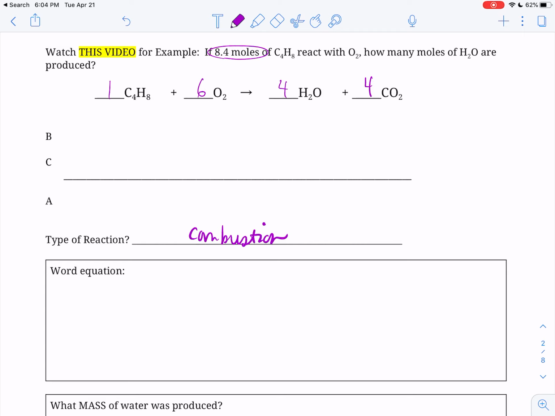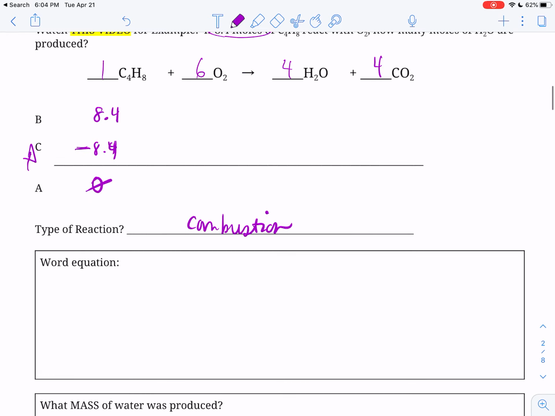So my given is 8.4 moles of C4H8. So here in the before, we're going to put 8.4 because that's what's given. All right. And then I'm going to use that whole 8.4 to leave me with nothing. Okay. We're assuming that the reaction is going to completely use up this C4H8 fuel. Okay. All right.